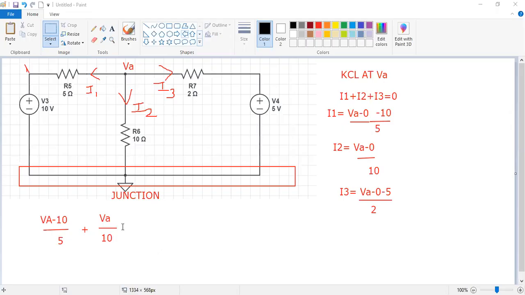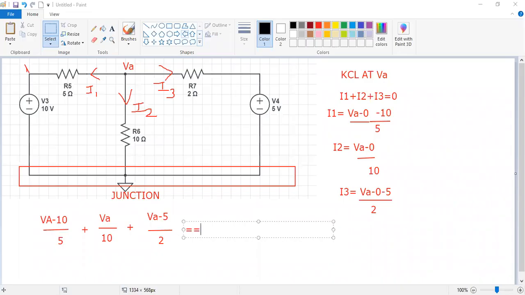Then again plus (VA minus 5) by 2, divided by 2, should be 0.